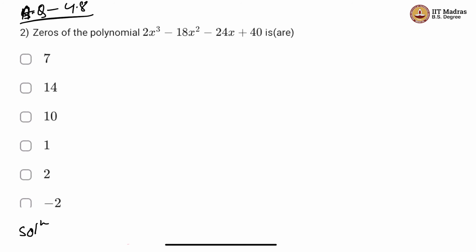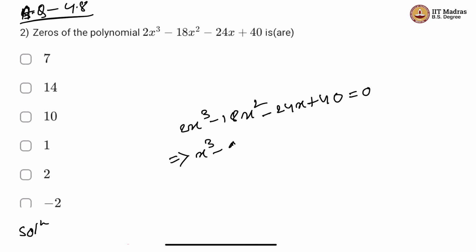Zeros of the polynomial. So we have x^3 - 18x^2 - 24x + 40 = 0. Okay, so we can take 2 as common. Then we will get x^3 - 9x^2 - 12x + 20 = 0.